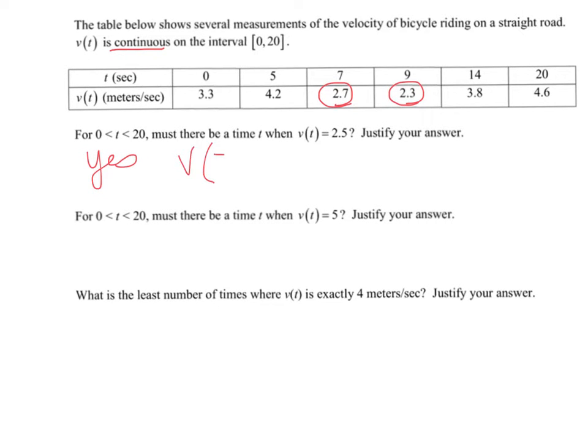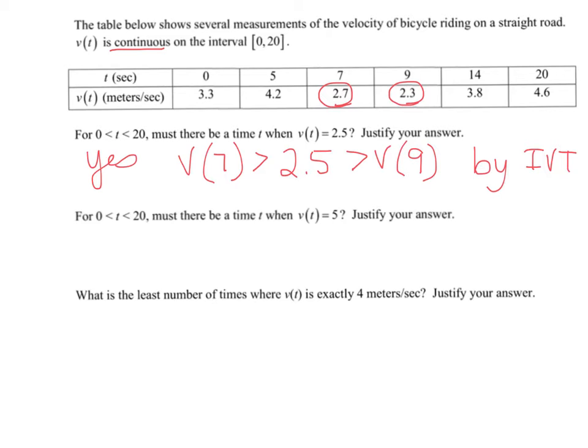v of 7 is greater than 2.5, which is greater than v of 9. And then we say by IVT. All right, intermediate value theorem. So what this is doing is it's giving us the two x values that bookend, if you will, the two y values where the 2.5 falls in between.